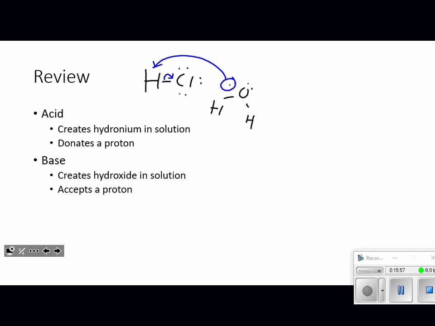A very common base that we could talk about for a covalent base is ammonia. When ammonia interacts with water, kind of the exact opposite happens. Instead of it losing a hydrogen, it's going to accept that hydrogen.